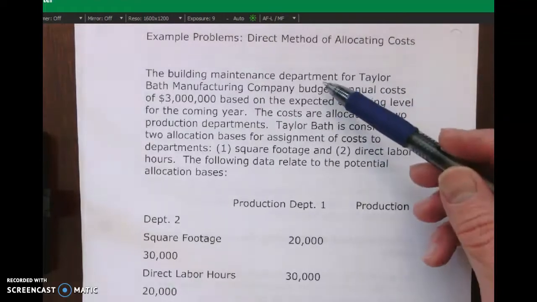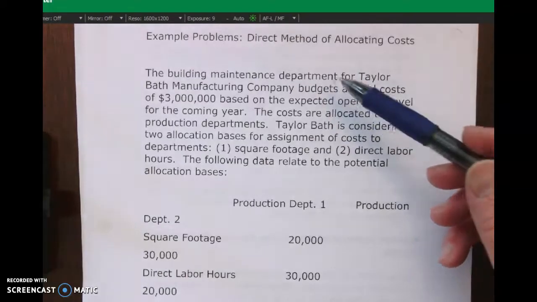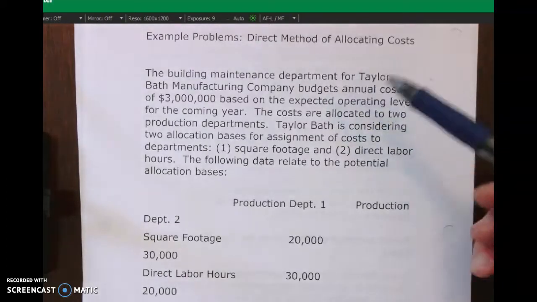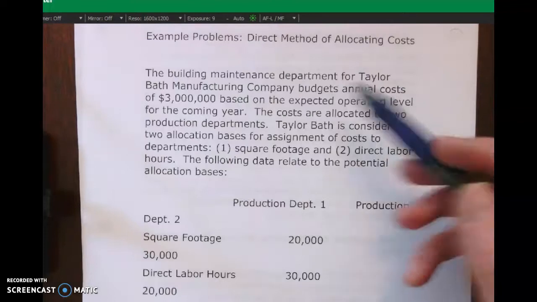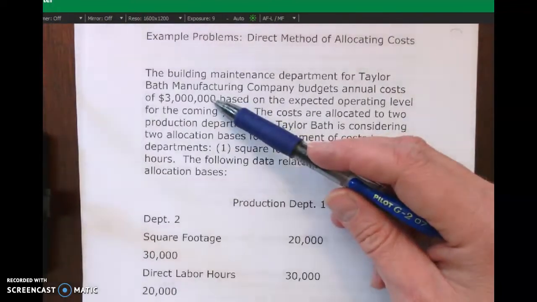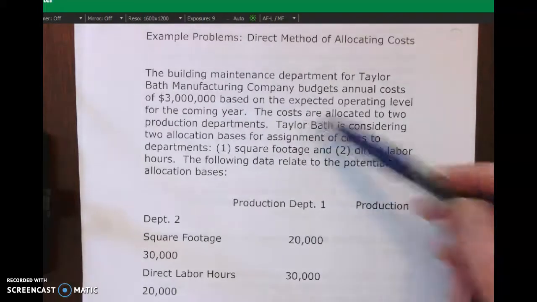The maintenance department would be a shared function. Maintenance services a lot of other production departments, maybe the finishing department, maybe they help out machines that are being broken in the assembly department. So the maintenance department would be a shared function, and they're going to allocate their costs out to two production departments for Taylor Bath.